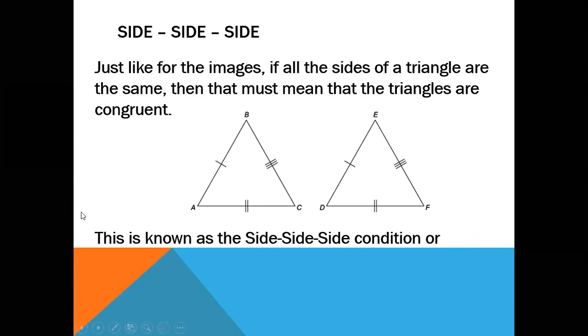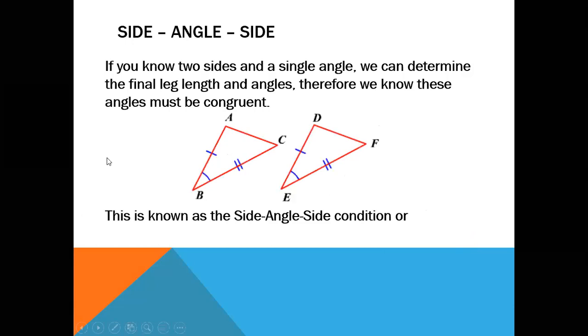Another way that you can tell that triangles are congruent is called side, angle, side. Side, angle, side. And we abbreviate that SAS. Okay. The biggest thing that students mess up on this is that the angle has to be in between the 2 sides. You can see that in the picture, but it has to be that way.